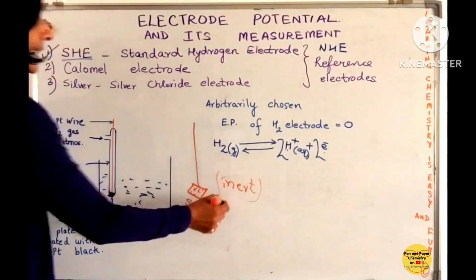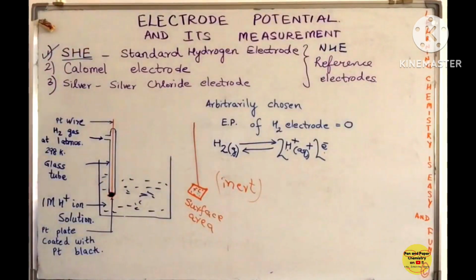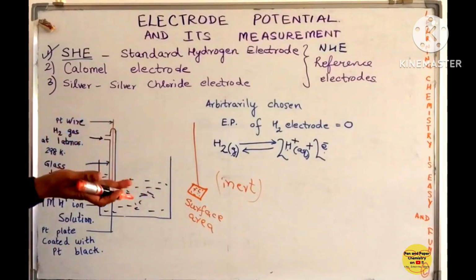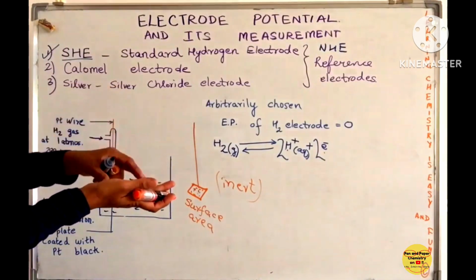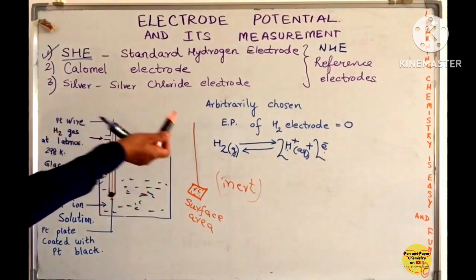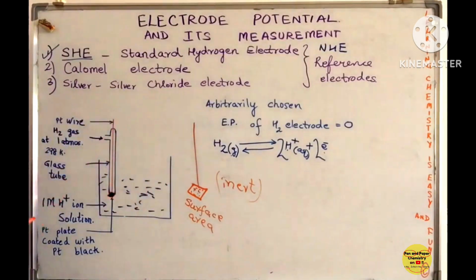That means it itself will not participate in the reaction. Now this term inert electrode, we have mentioned earlier as well. Here, since it is only providing a platform for the hydrogen molecule and the hydrogen ions to come, and that this equilibrium to be established.